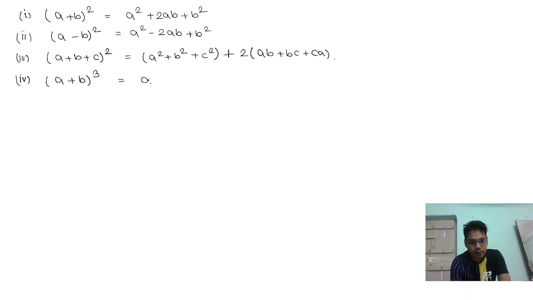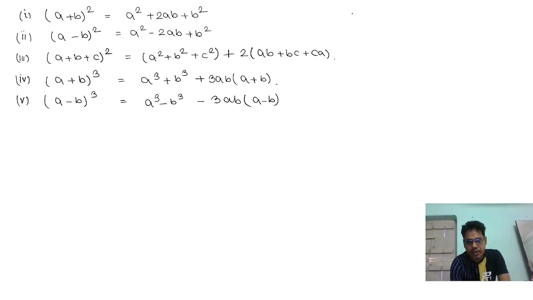That is a cube plus b cube plus 3ab into a plus b. Similarly, a minus b whole cube, the sign will only be minus. So a cube minus b cube minus 3ab into a minus b. These formulas are among the most important for factorization.